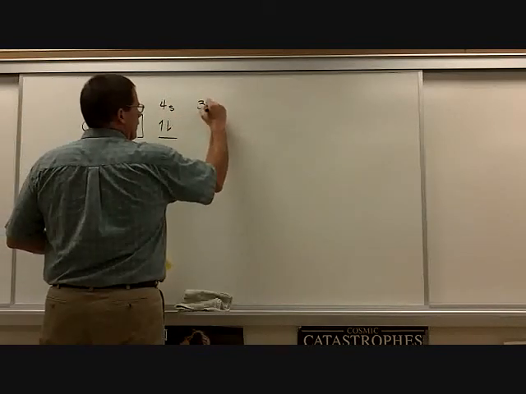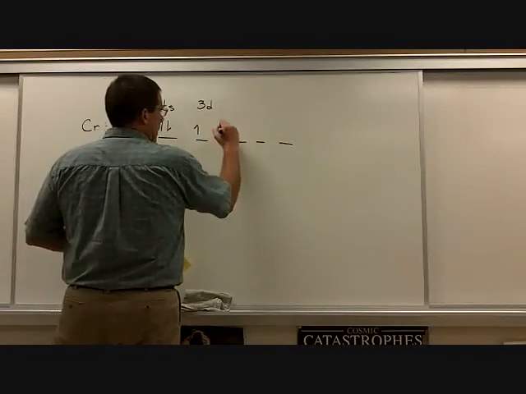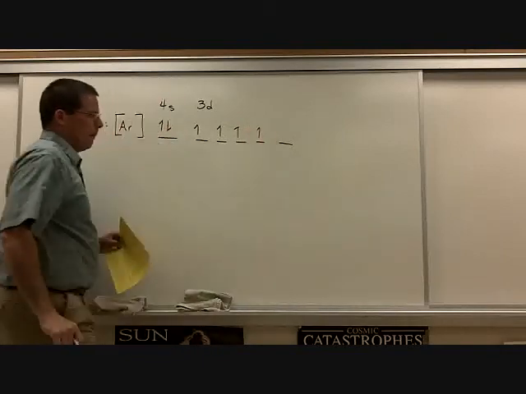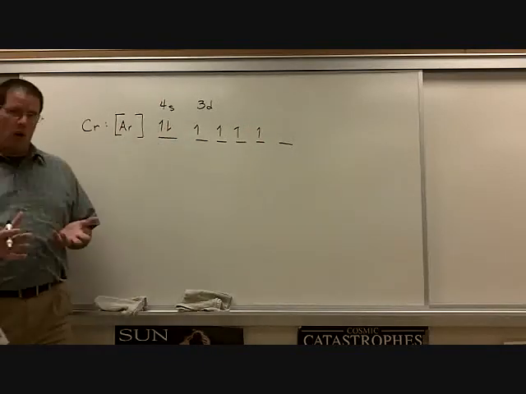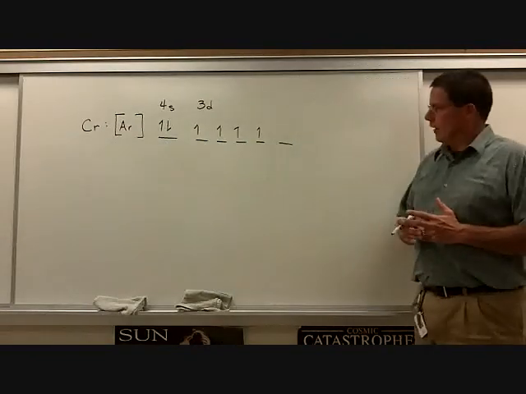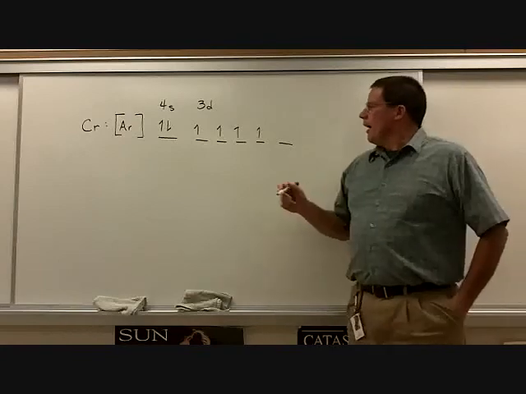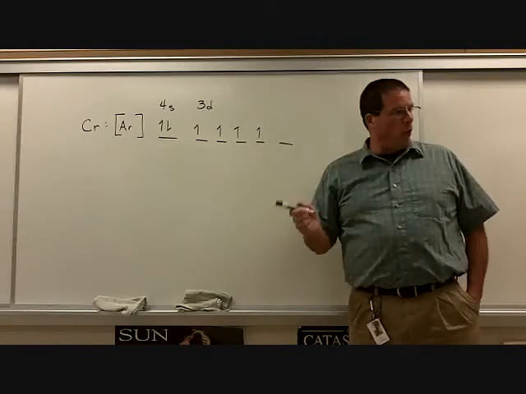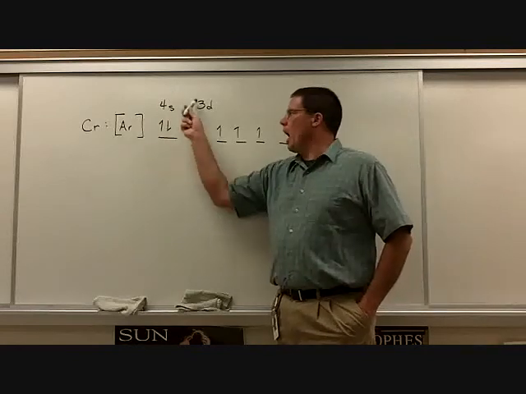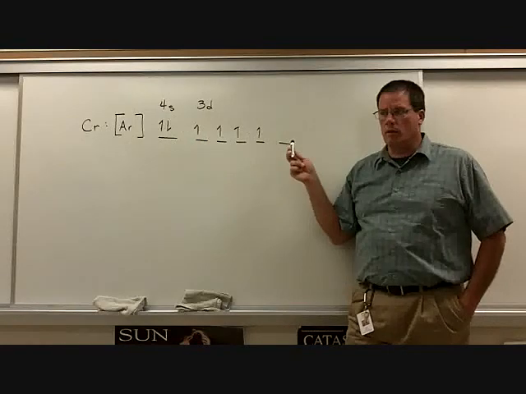And then in the 3d, chromium has, what, 4? Okay. This is how I taught you, and this is fine to get you going. According to the stability rules, I can take an electron from a higher energy level and place it in a lower energy level.